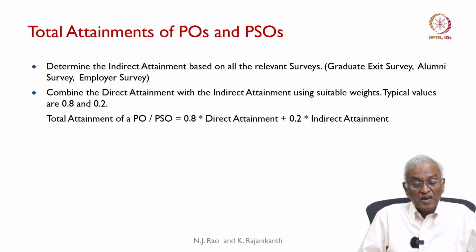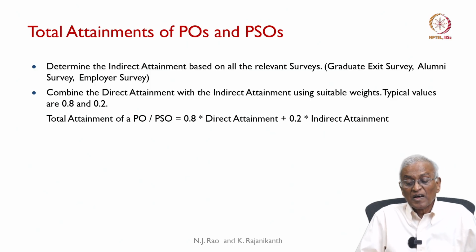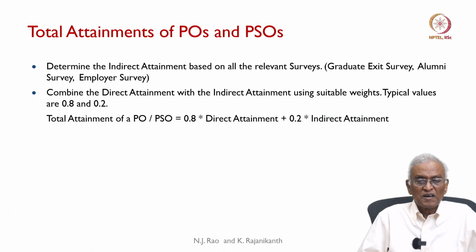Yes, it will be a little painful process, but once you standardize the process, because every time you send a questionnaire to somebody, they are not likely to respond. But even with 10% of the people responding, you still have adequate information with you. Okay, and all this can be done by standardizing the survey forms and using your website. You can make both employers and alumni fill this periodically.